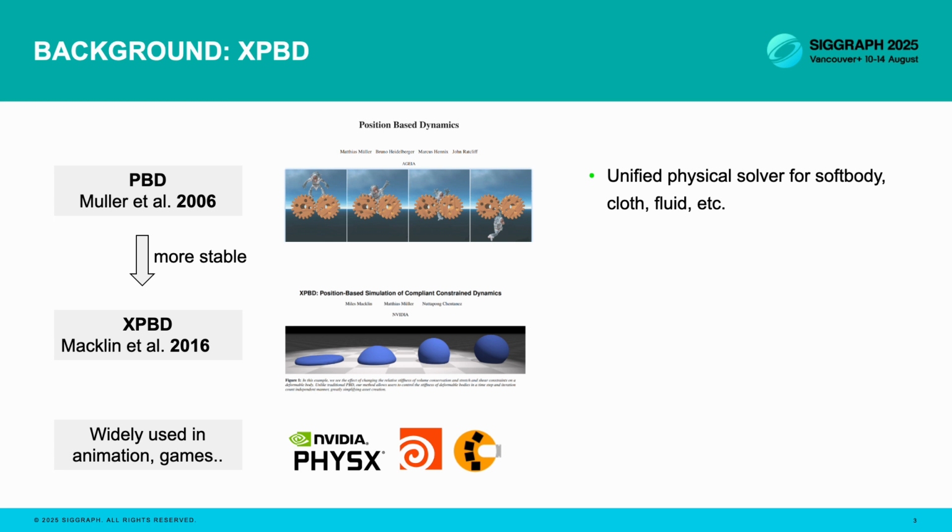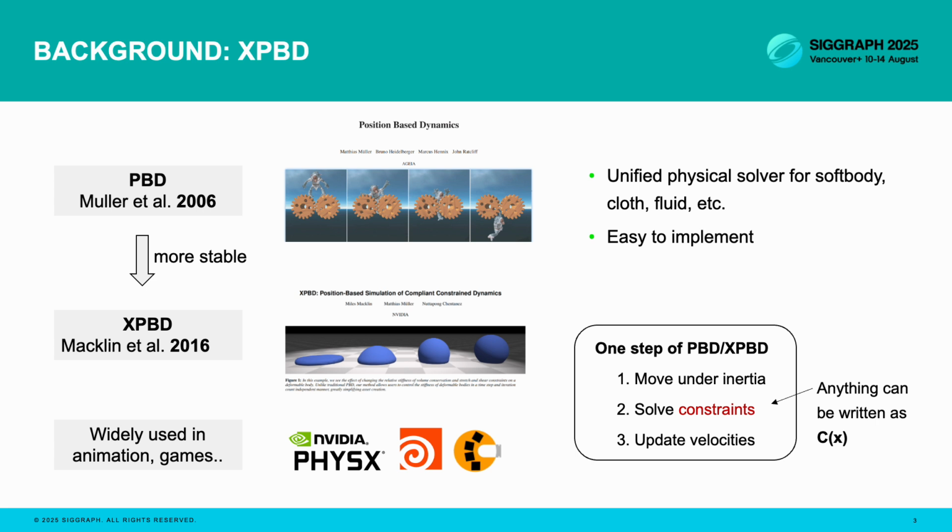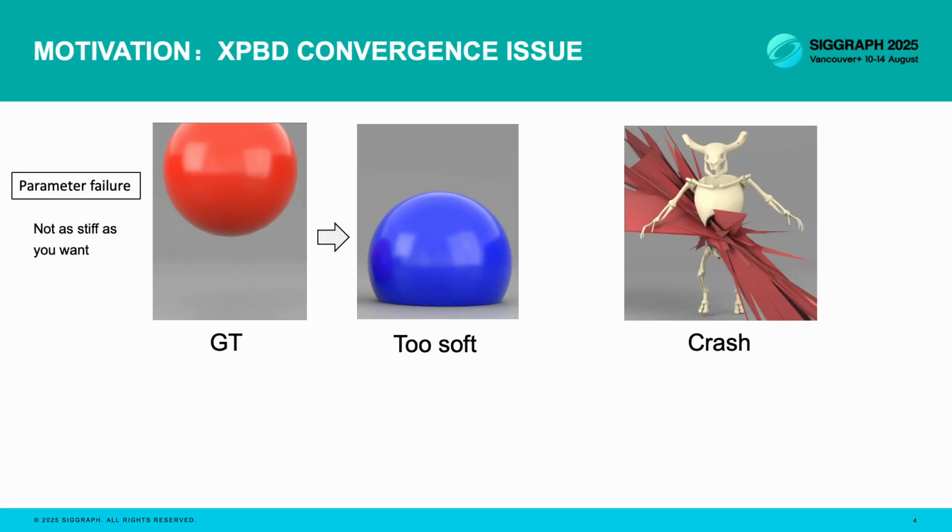It works for soft bodies, clothes, fluids, etc. Just define a constraint and XPBD handles it. Second, simplicity. There are only three core steps: move particles under inertia, solve constraints, update velocities. Third, efficiency. Fast and stable if you just run a few iterations.